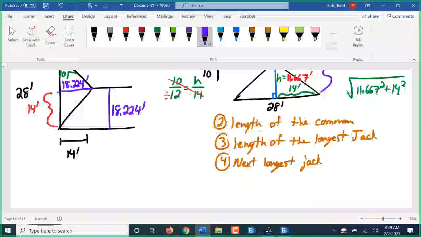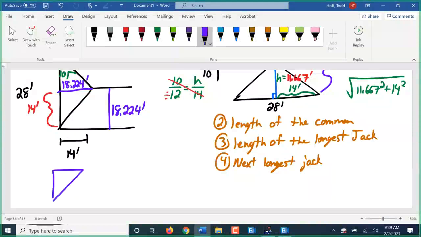So we have that 18.224 and the 14 foot on that triangle. Our next longest jack's going to be here, again, assuming 2-foot spacing. Call that X. It's going to be 12 feet.